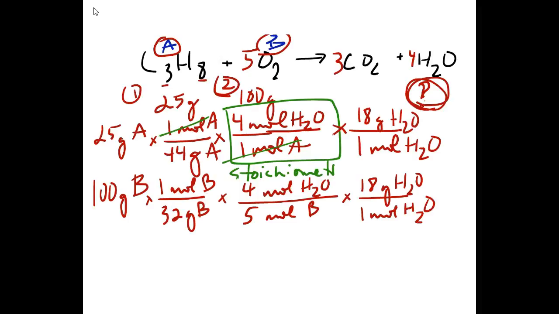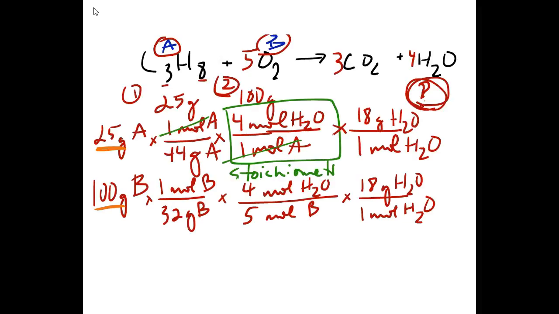Okay. Now I'm going to stop there for a second and have you compare these two calculations. You can see a couple things. First of all, you've only got 25 grams of propane and 100 grams of oxygen. But only a novice chemist would say, oh, well then the 25 grams of propane are going to run out. Because that's not what it comes down to.